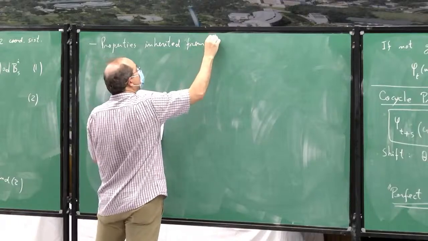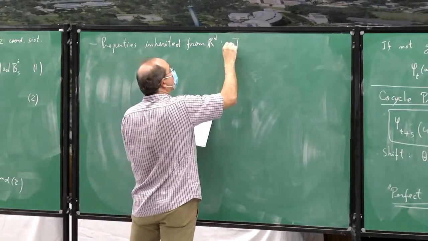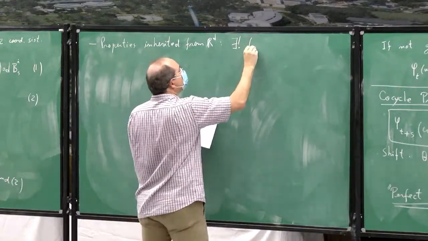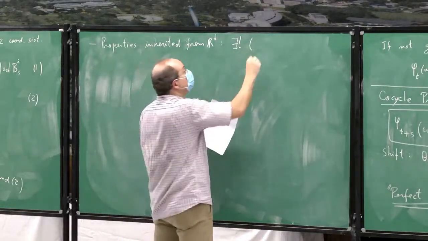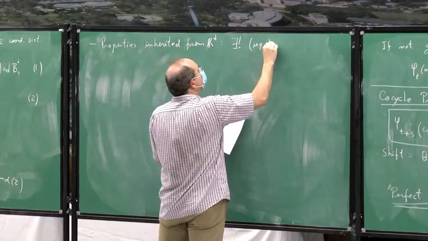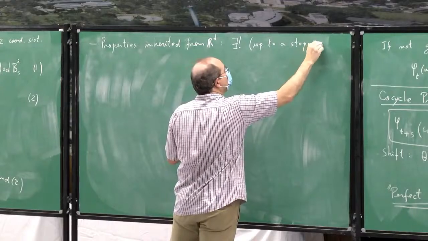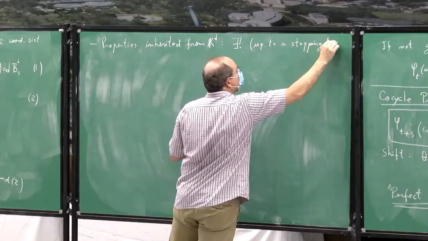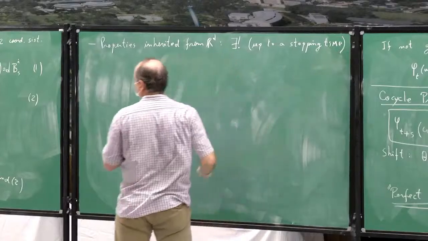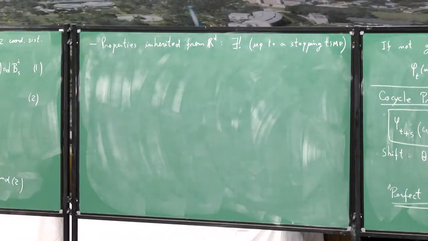from Euclidean space: there exists a unique solution up to indistinguishability and up to a stopping time, as usual. Either because you go to infinity, or, if we are fixed in a coordinate system, because we reach the border of the coordinate system.